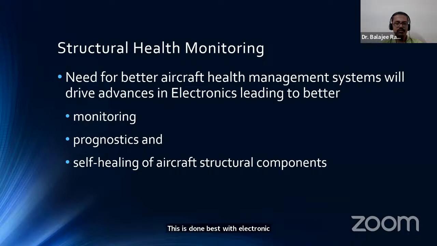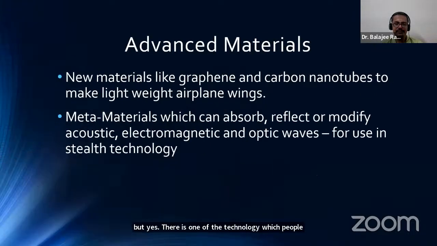And then one of the important, another thing, last point here is self-healing of aircraft structure components. If something happens, then some components can heal themselves. Okay, that's very astonishing to some people, but yes, that is one of the key technologies which people are talking about and doing research.